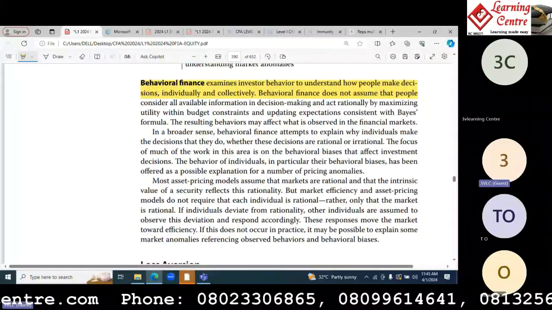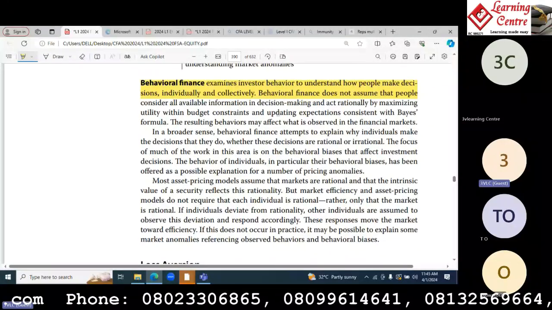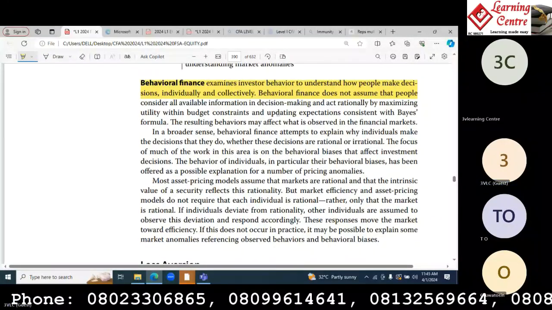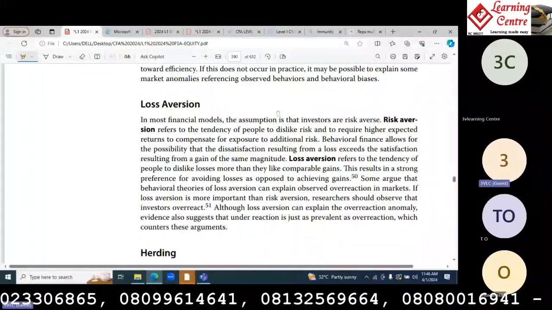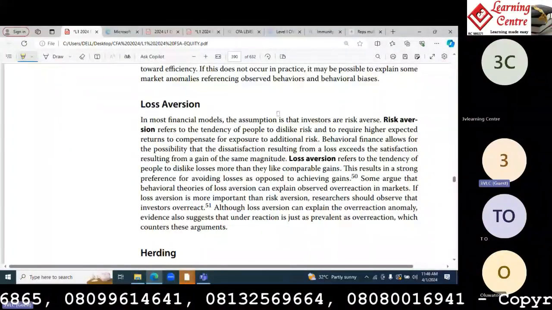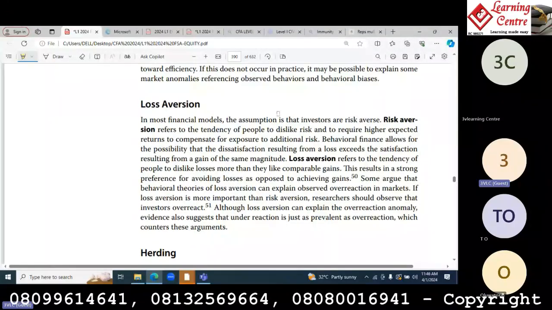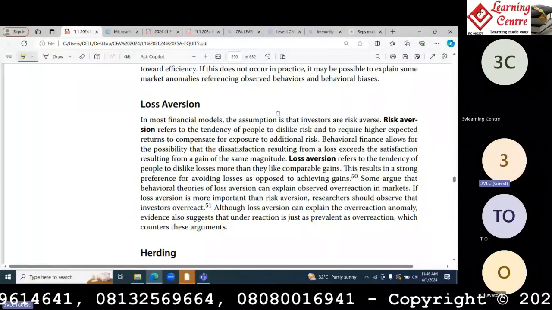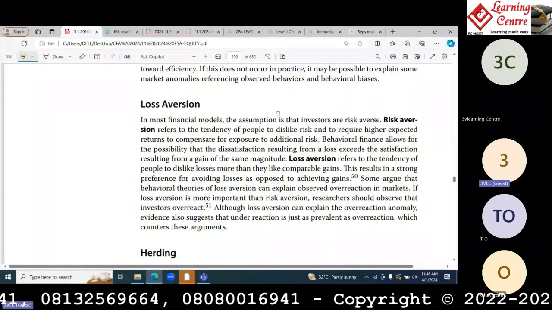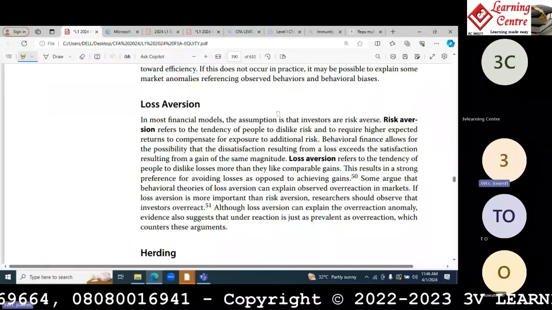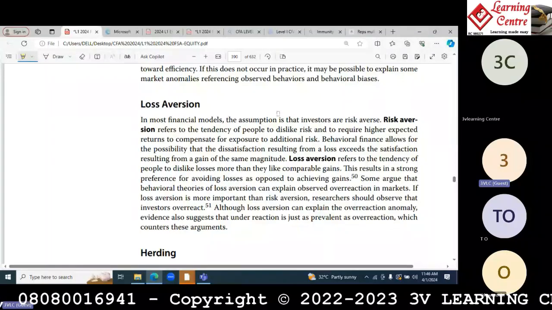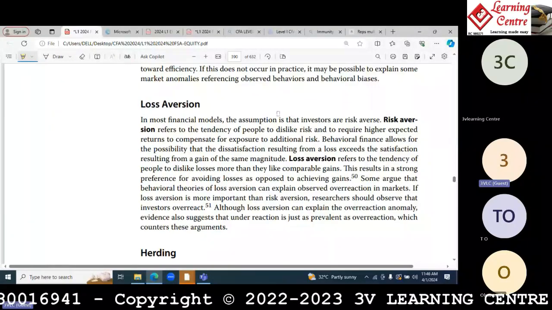So investors exhibit behavioral biases that distort the way they make decisions. A typical example is loss aversion. In this class, I had mentioned to you guys that investors are risk averse, meaning that they tend to dislike risk and look for investments that give them certain returns.